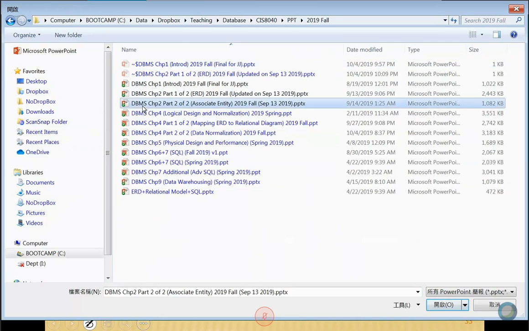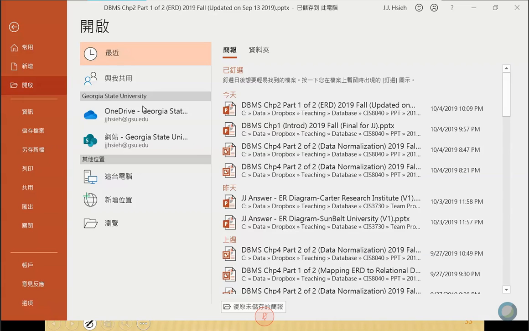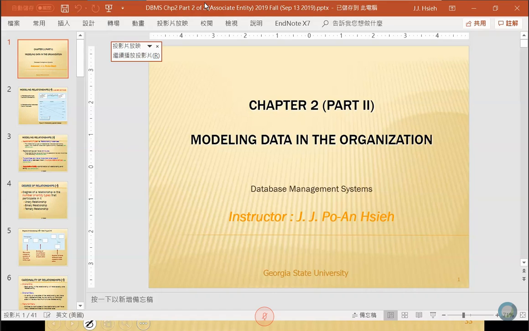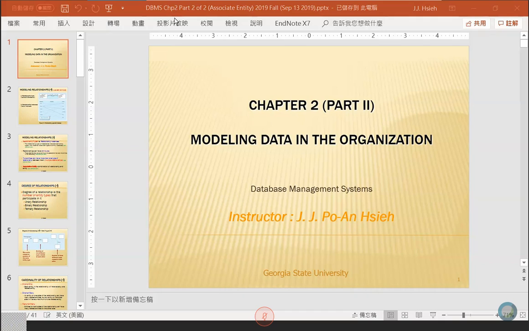I'm sharing that file with you right now. You should see the switch to Microsoft PowerPoint. Okay, you are seeing the PowerPoint right now. It's chapter 2, part 2, right? Timestamps, yes Asita, I gave you an example about timestamps.